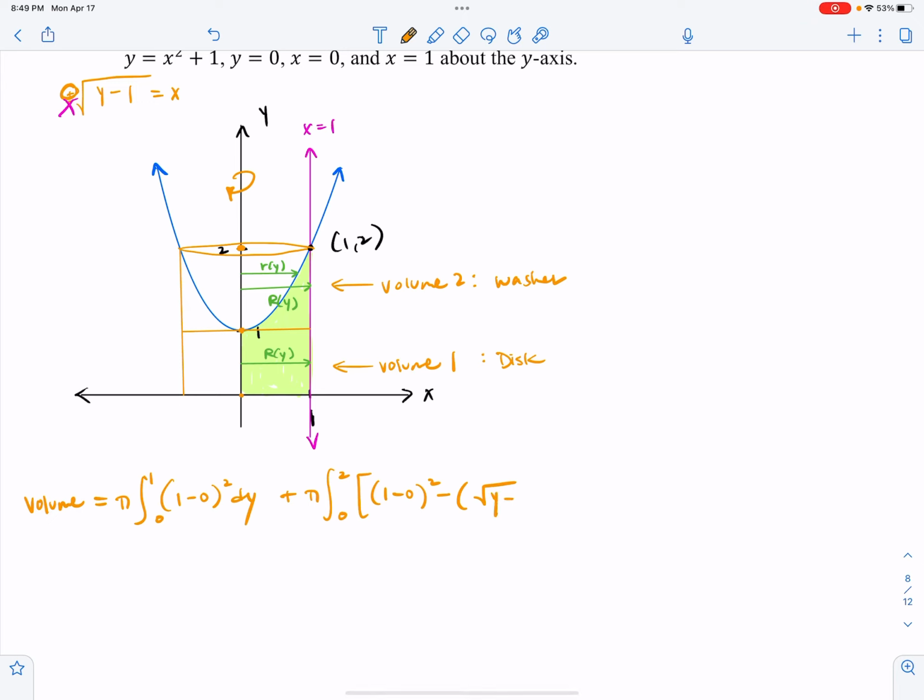So the square root of y minus 1, oh no, right to left, oopsies.